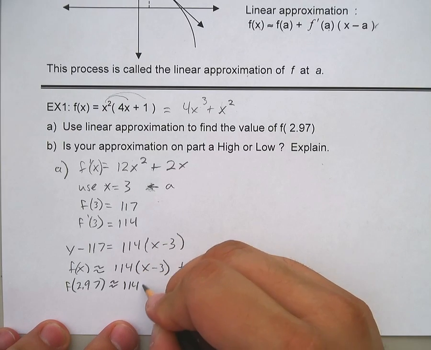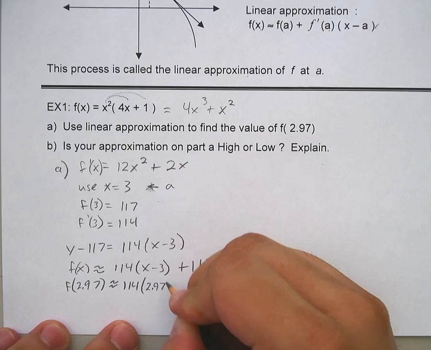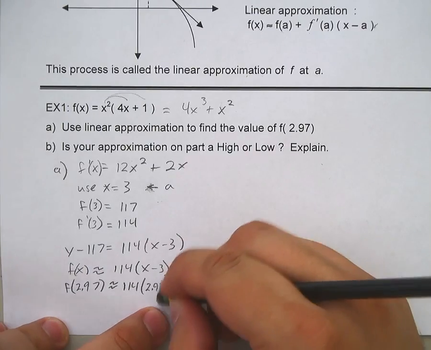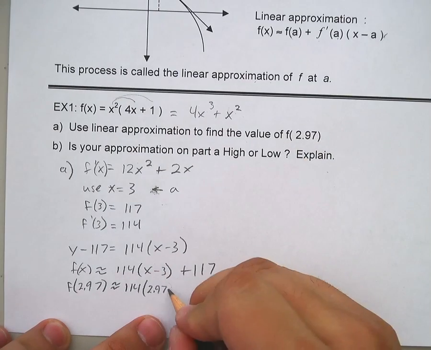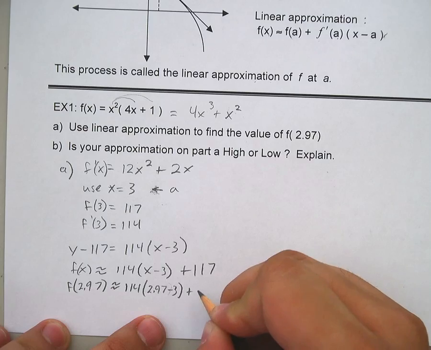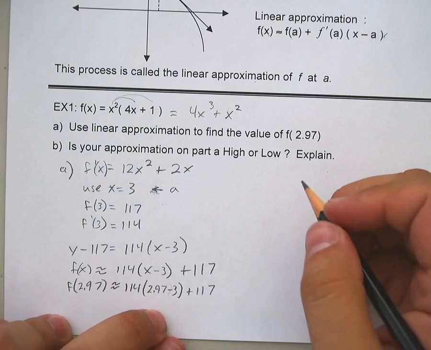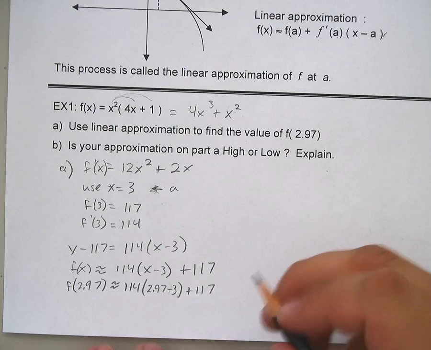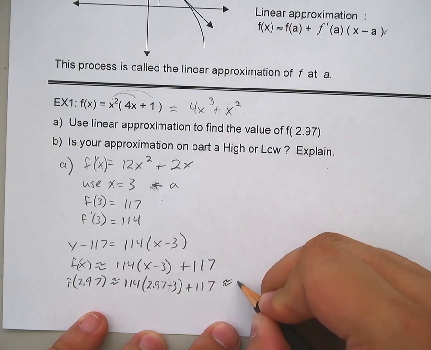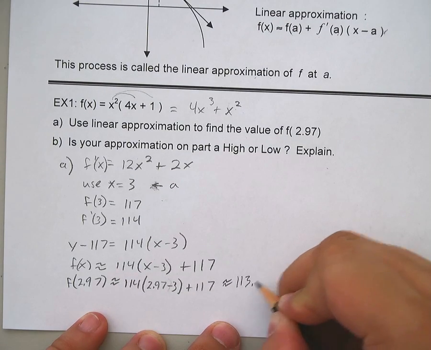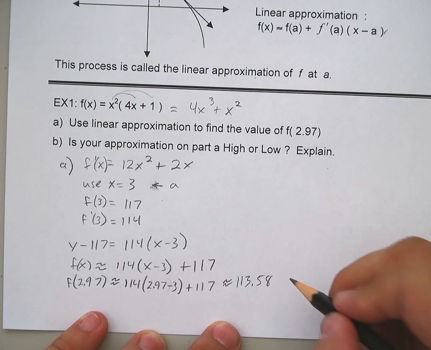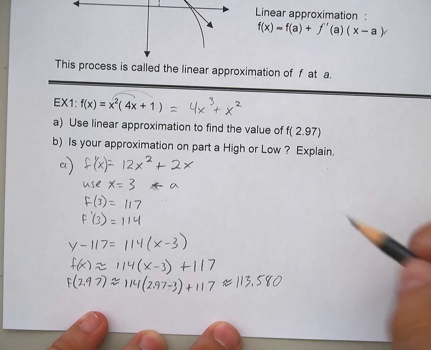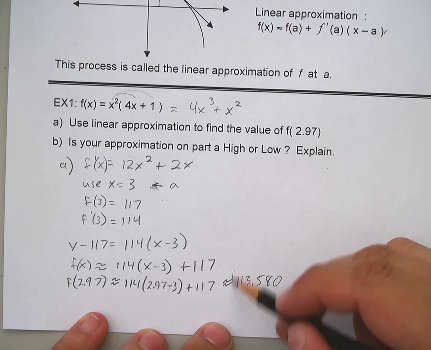That's 114 times 2.97 minus 3 plus 117. And that is going to be roughly 113.58. And 0. Why not? 3 decimal places.